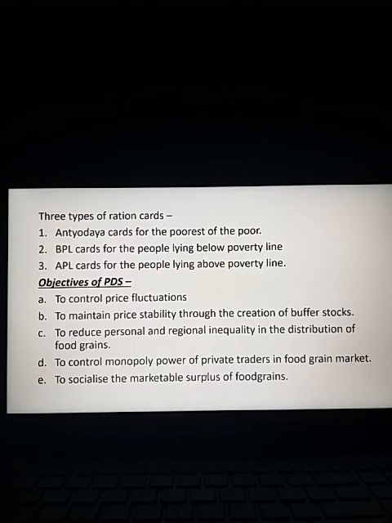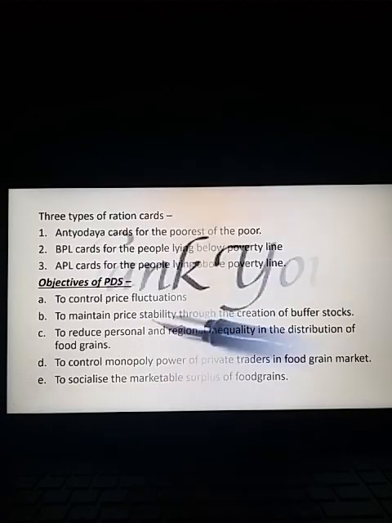See, when I say surplus, it means the extra food grains which are available for the purpose of trade. Anyway, the PDS concept in this slide as well as the previous slide, just out of academic interest you learn; this you may not have for the examination as it has been taken out in the reduced syllabus. Clear? Thank you.